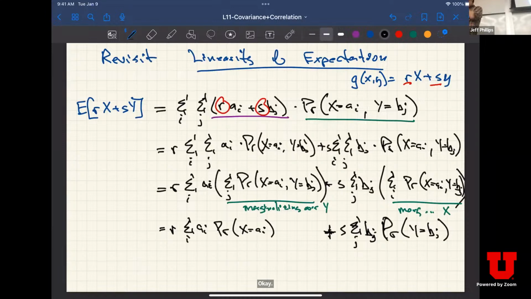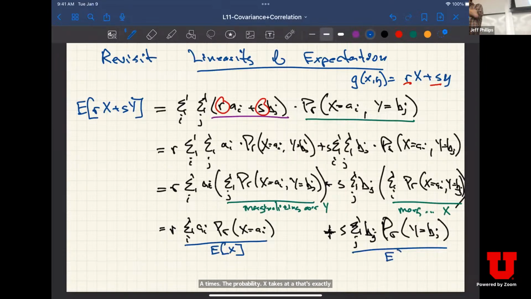Okay, so I've marginalized out those quantities. And now, if I look at this term here, this is just the expected value of X, right? I'm summing over all possible values A can take, and I'm multiplying that value A times the probability X takes that A. That's exactly the expected value of X, and this is exactly the expected value of Y. So I have R times the expected value of X plus S times the expected value of Y. Okay, great.